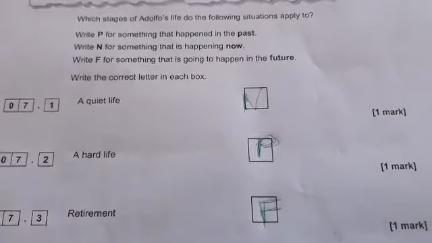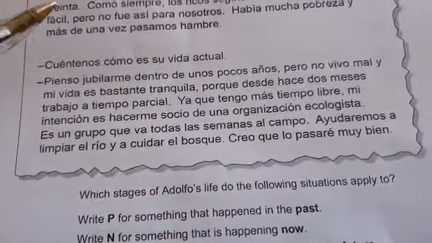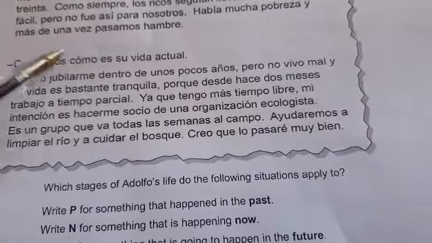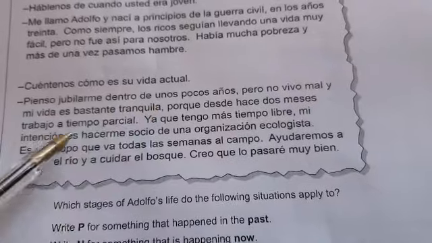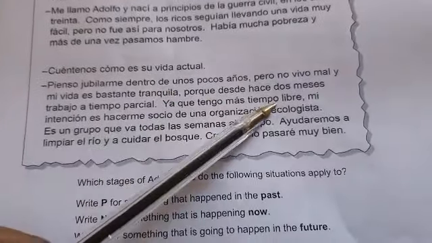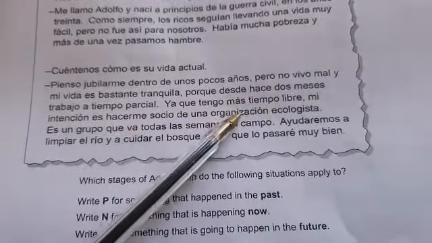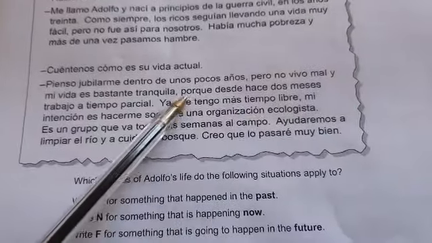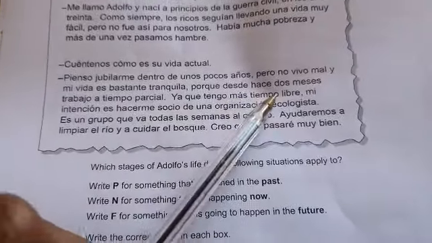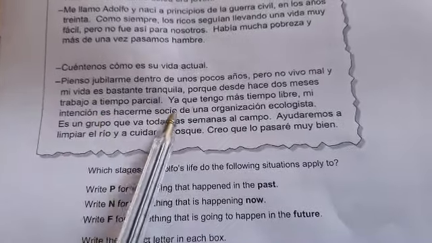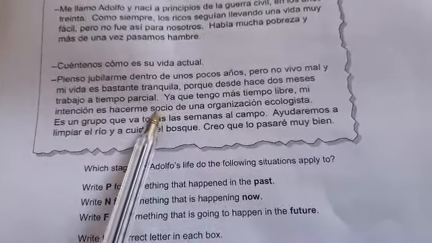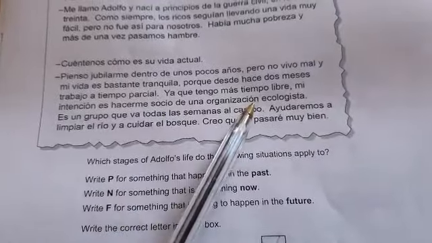And volunteering. What does he say about volunteering? What does he say? Ya que tengo más tiempo libre, mi intención es hacerme. Okay, so he says, now that I have more free time, tiempo libre, mi intención es hacerme socio, says to become a member of an organization.